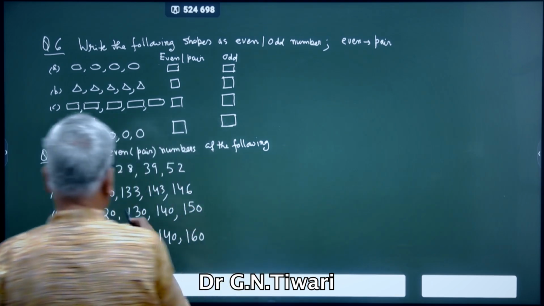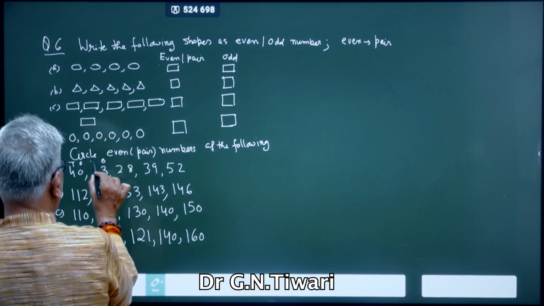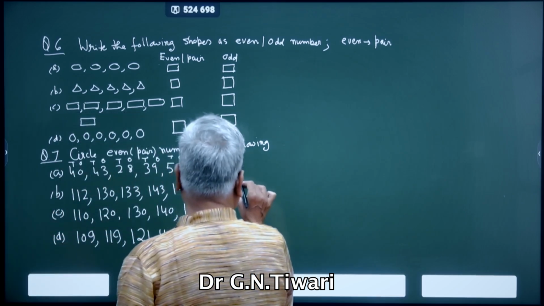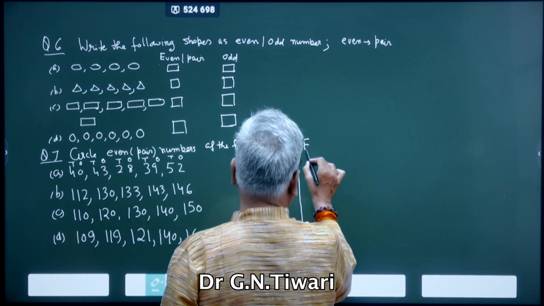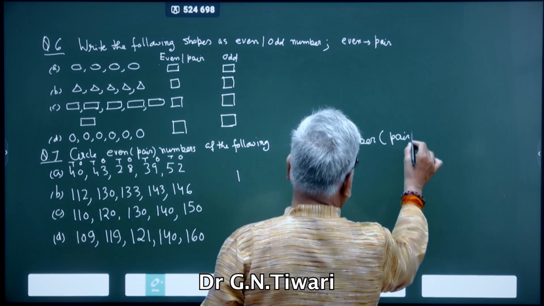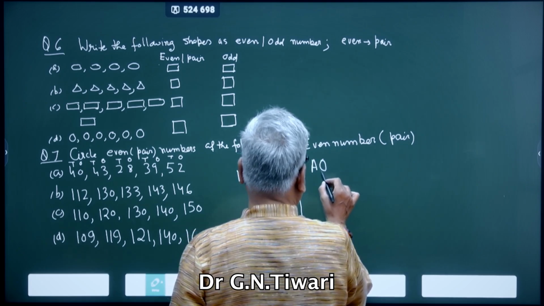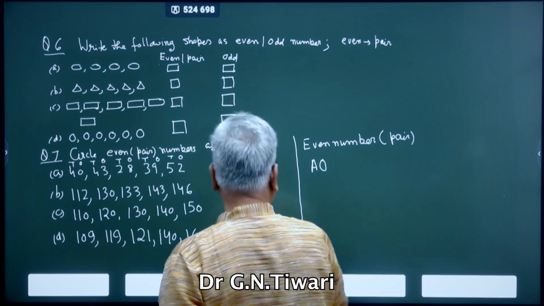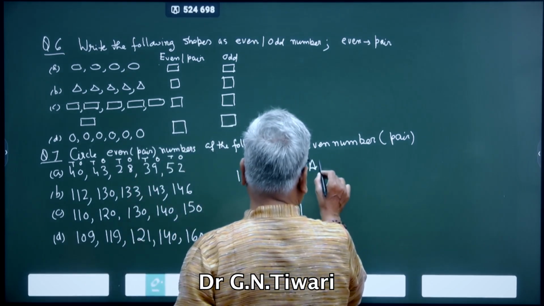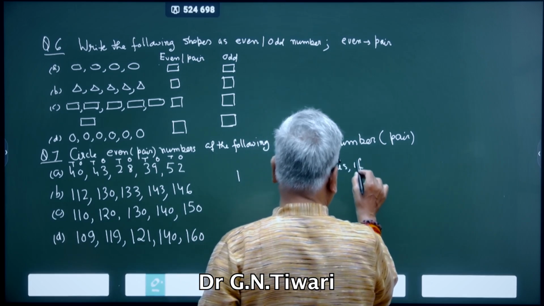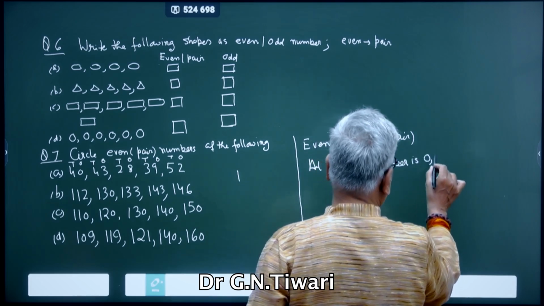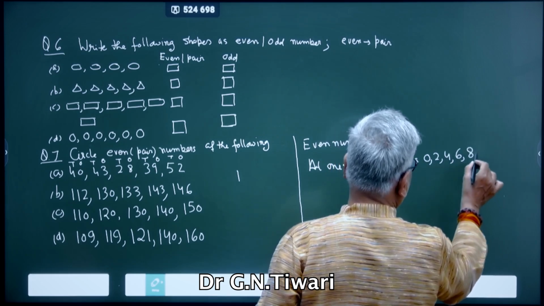I will give a hint. Write O, T. So the definition of the even number, rough work: at O, at once, if the number is 0, 2, 4, 6, 8, then it is an even number.